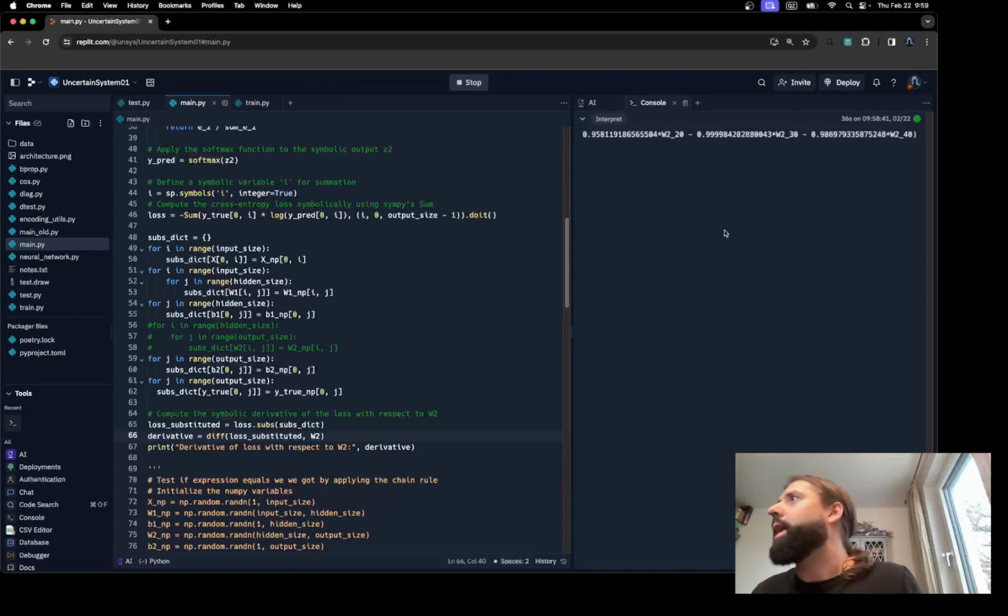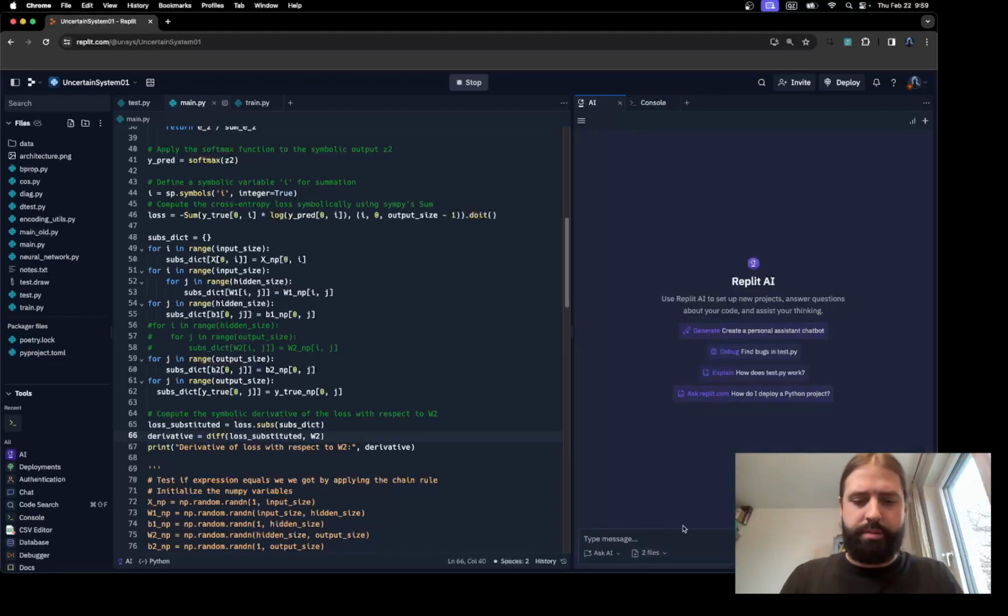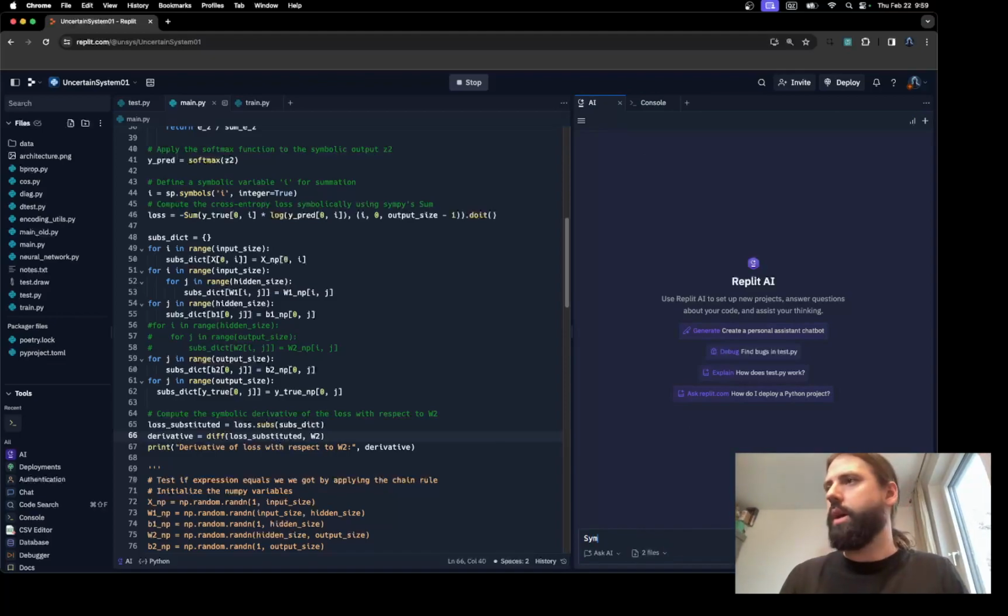Okay, actually, it doesn't look that bad. Is it really? Can I simplify this now? How to simplify an expression in SymPy?